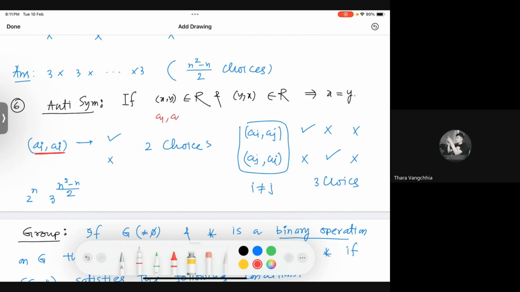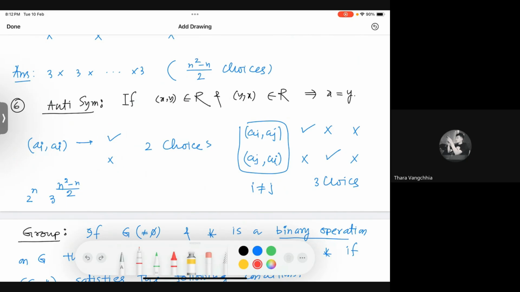If (a1, a1) belongs to R, then a1 equals a1, this is right. If I am saying (a1, a1) does not belong to R, that is also fine. So it has exactly two choices. It may belong to the set R or may not belong to the set R.